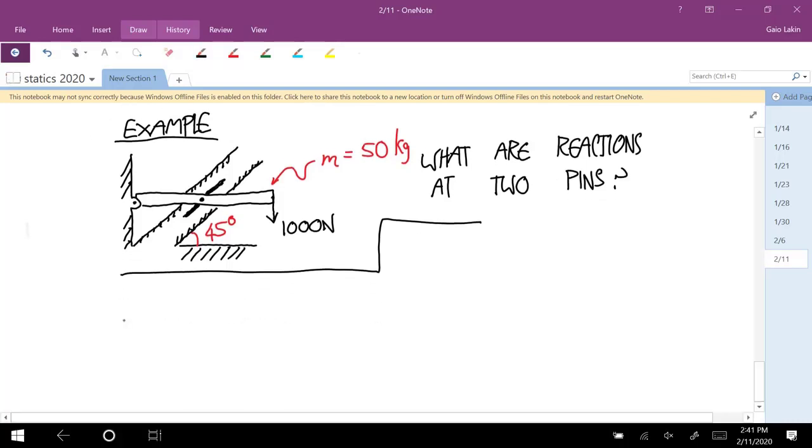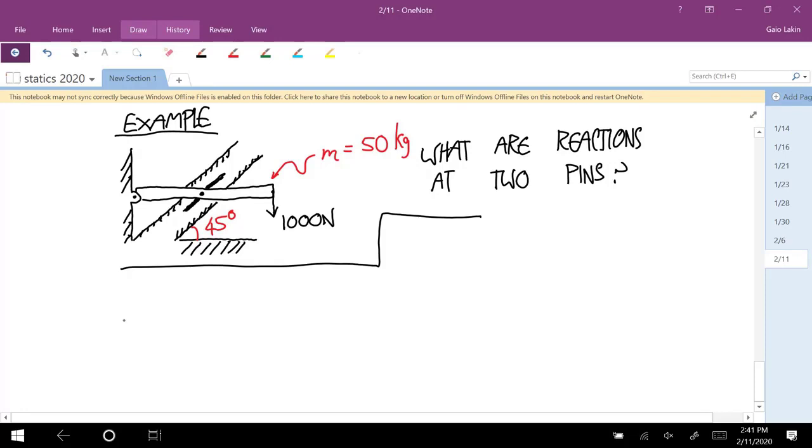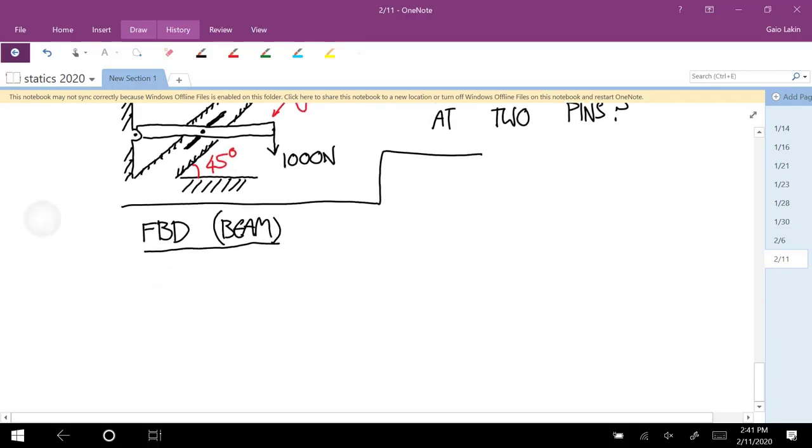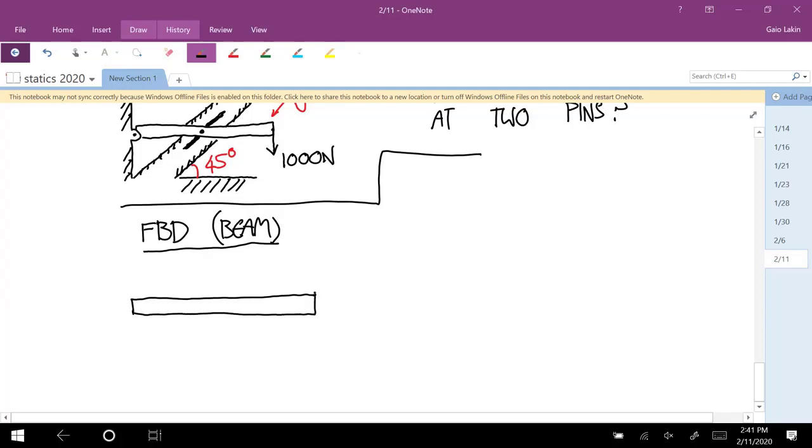All right, so first we'll draw a free body diagram of the beam. Oh, I didn't give a length, did I? We need a length. 1 meter.